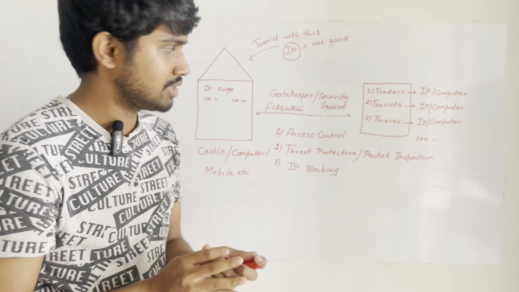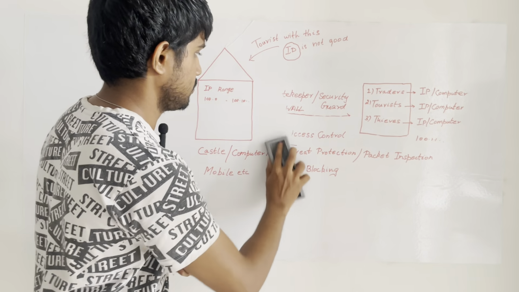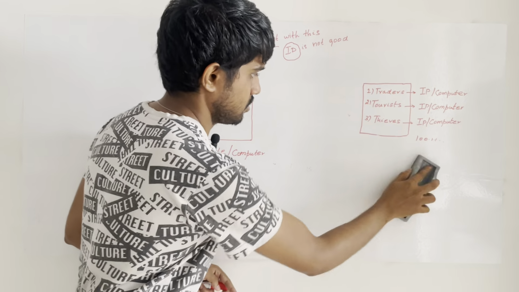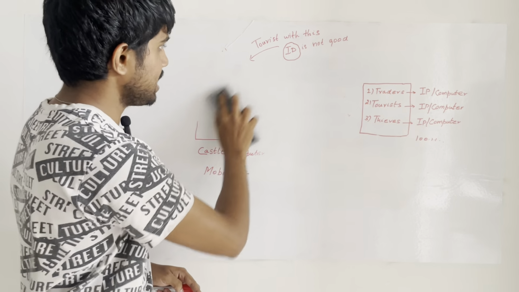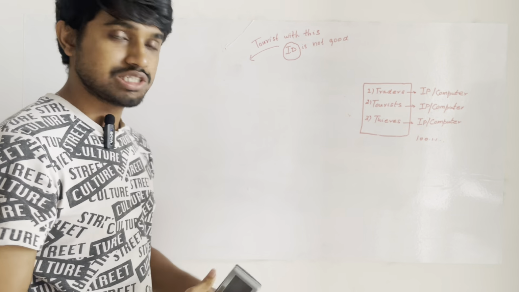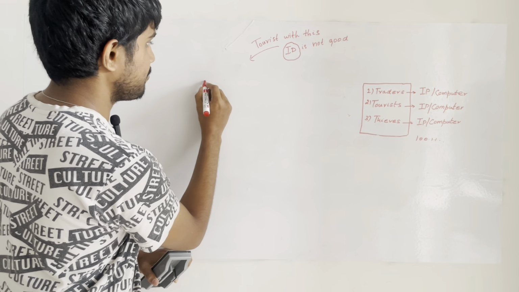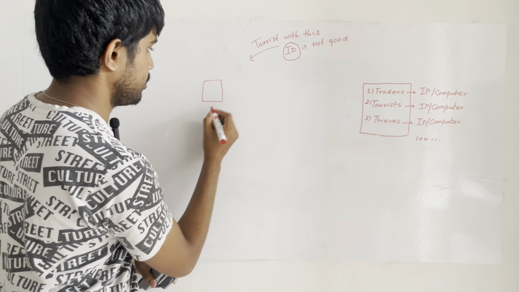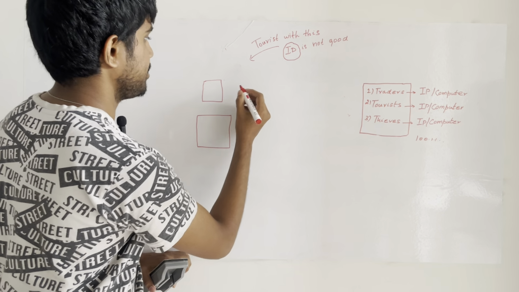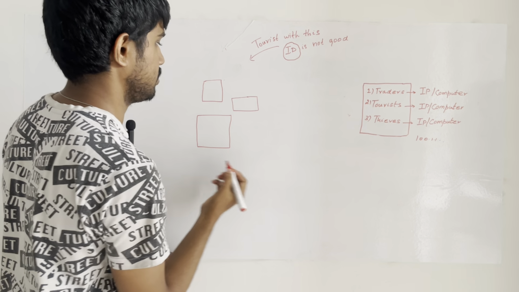So just to add on to it, there are two types of firewalls. Usually, we saw in the private and public IP video that, okay, you have your mobile phone, you have your computer, and you have your laptop, right?